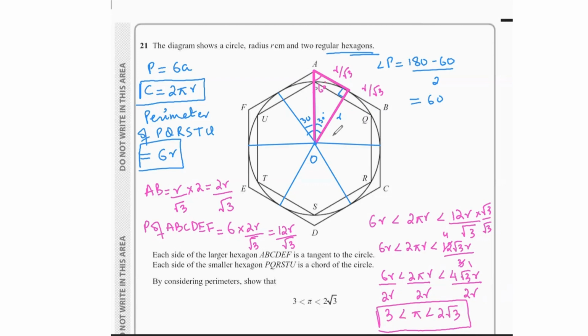I know it looks very confusing, for the kids who saw this the first time in the exam, but you just need to break it down. You need to find expressions for all three separately. For the smaller hexagon, it's very simple, like you saw, it was the same length because it was an equilateral triangle between each. So we found r as the length for the smaller hexagon. For the circumference, very simple because they've given the radius as r, so you just put it in the formula.